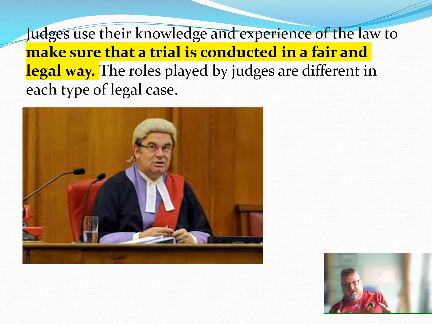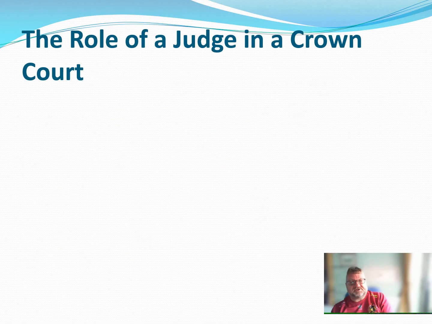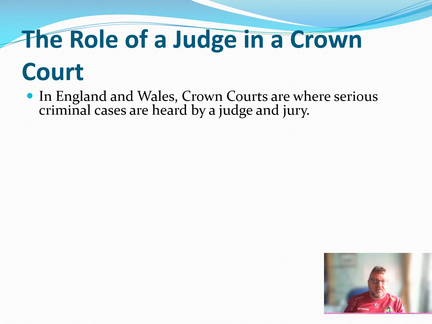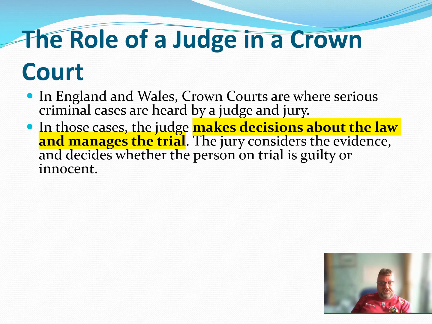So that's one of their key roles, to oversee the trial, make sure it's conducted in a fair and legal way. And the roles played by judges are different depending on each type of legal case. But in a Crown Court, where the most serious criminal offences are heard by a judge and a jury, in those cases, the judge is making decisions about law and managing the trial.